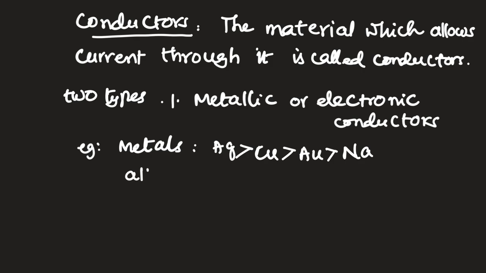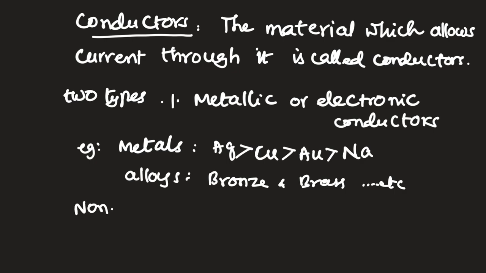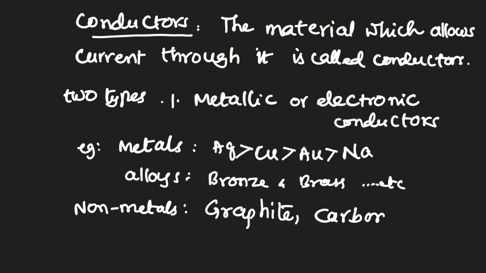And some alloys also, for example, bronze, brass, etc. Alloys also act as conductors. Some non-metals, example, graphite, act as a conductor. Next, carbon black also acts as a conductor.